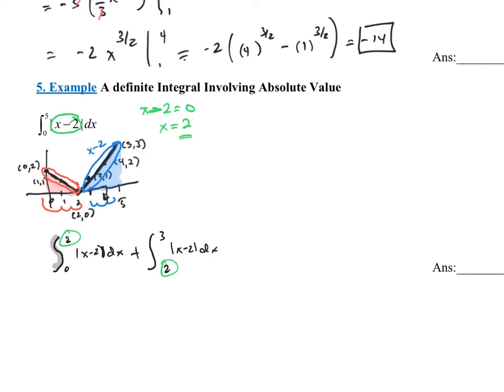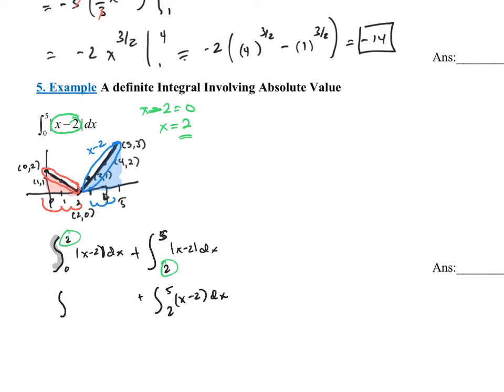I don't need to do the opposite of x minus 2 because that is the original function. All my values are positive. So the integral from 2 to, that should have been the integral from 2 to 5, not the integral from 2 to 3. The integral from 2 to 5 of this function is the exact same thing as integrating x minus 2 without the absolute values because all those values are positive.